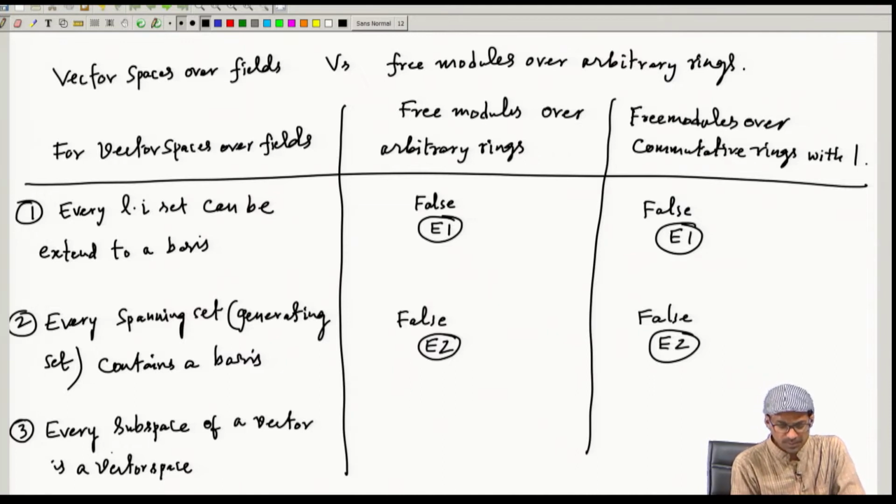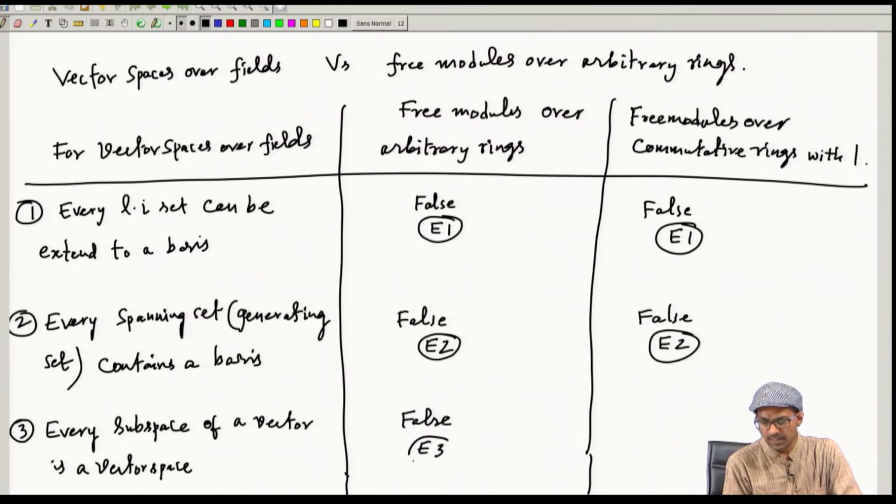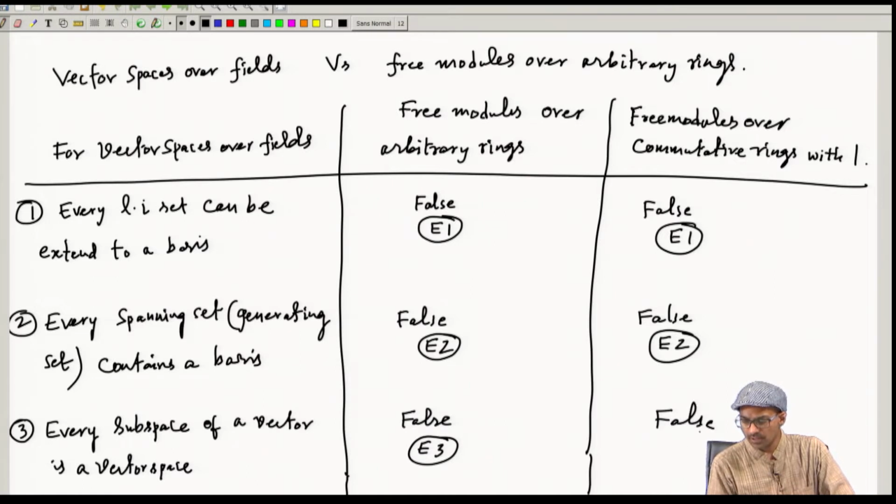If you replace subspace with submodule and vector space with left module, then this statement is still not true; it is also false. We will see example E3. The same example will work: if we give an example for commutative rings, then it also works for arbitrary rings as well.